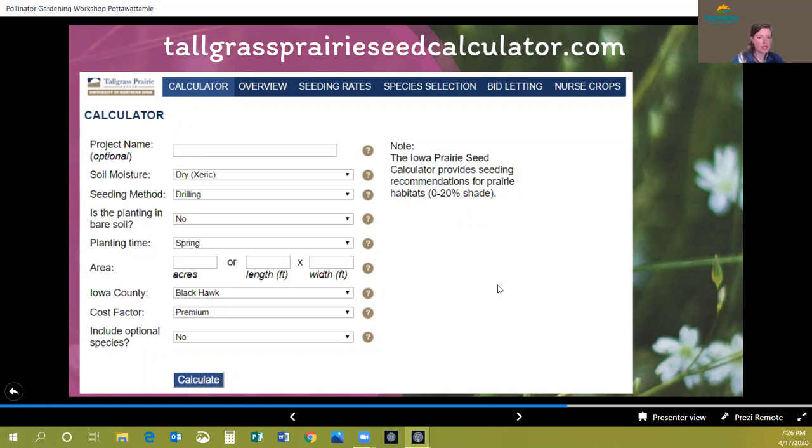So if you want some suggestions on what species to choose from, you can use this calculator, and there are other calculators as well. Also, in Iowa and Nebraska, the NRCS, the Natural Resource Conservation Service, has people in their USDA offices that will help you choose what seeds to use. And you can just go online and find out who your providers are based on your county.